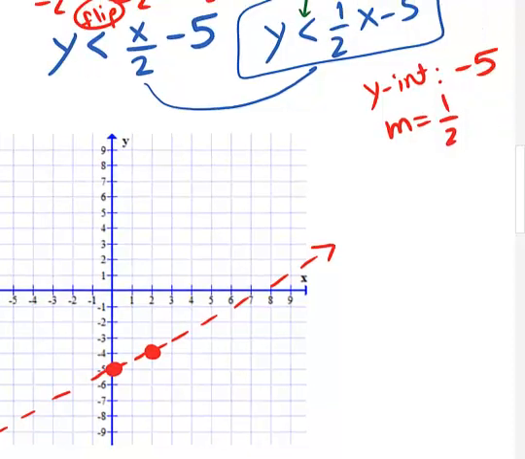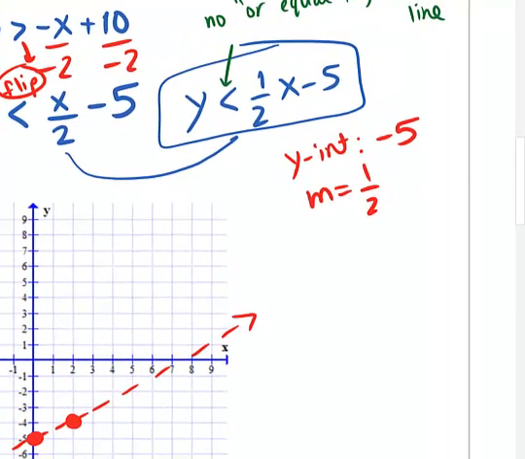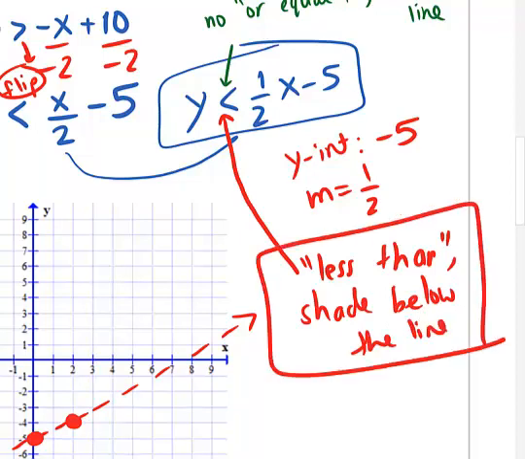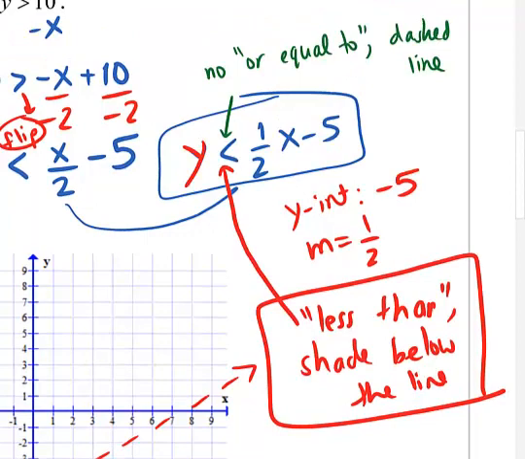That's why it's dashed. Alright, now I'm either going to shade above or below the line. It depends on this inequality. But since this is a less than, I'll shade below the line. The way I remember that is I just think, this is showing me that y is less than something. So where are the y values that are less?